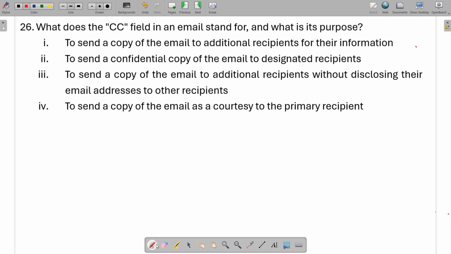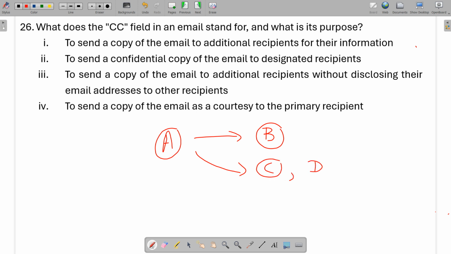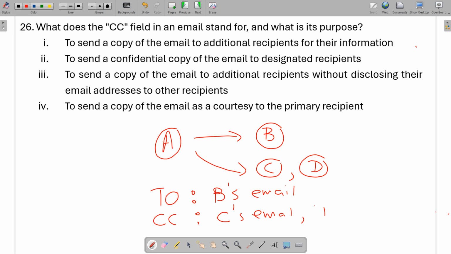As an example, if A needs to send an email to B, who is the main recipient, and it needs to be informed to C and D, then in the To position we are going to have B's email, who is the main recipient, and in the CC position we are going to have C's email and D's email.